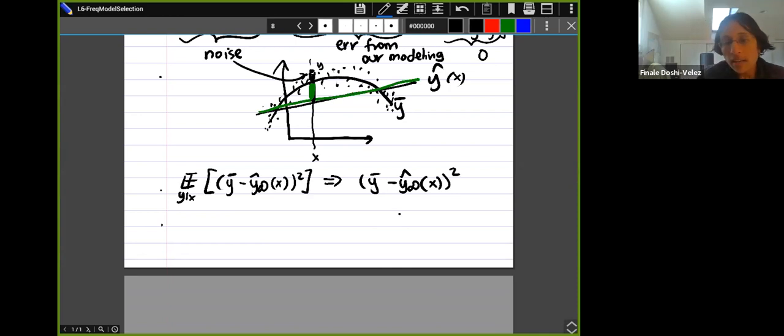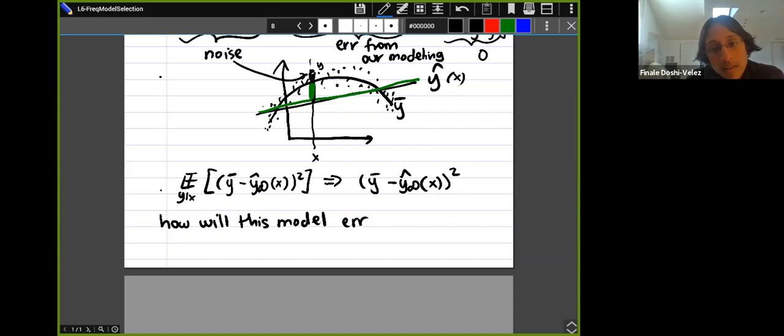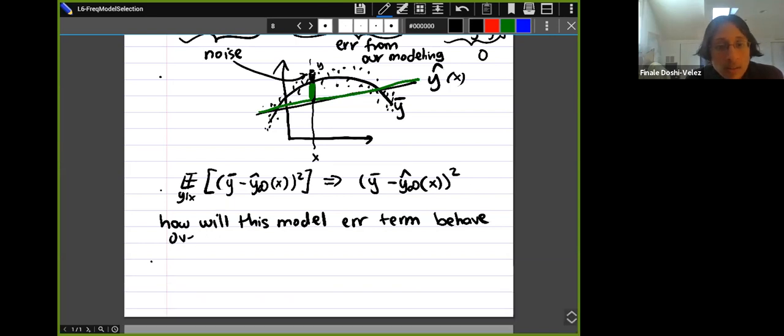And now I can ask the following question: how will this model error term behave over multiple tries, multiple data sets?